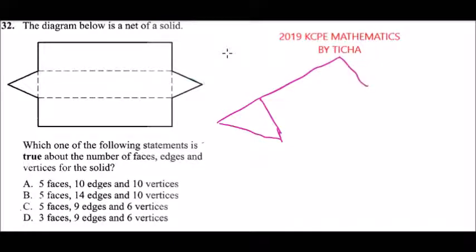So you can draw it like that. It's just a sketch. So we start with the faces. We have the bottom, two slanting, so 1, 2, 3, and two sides, so there are 5. We come to edges.